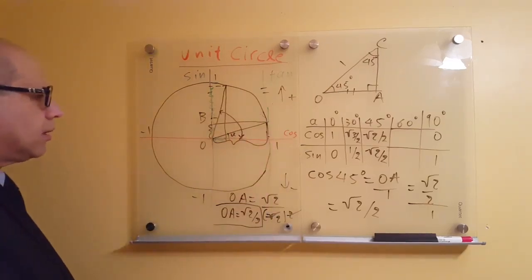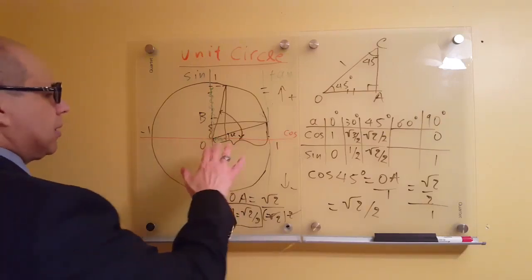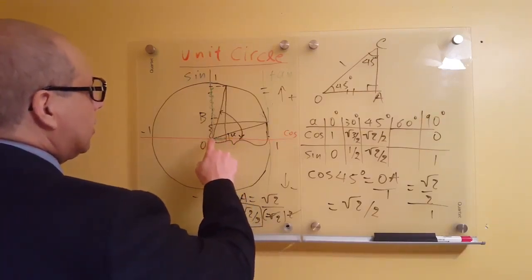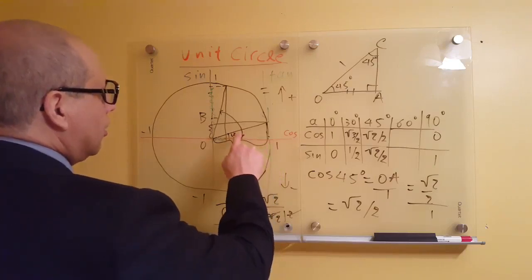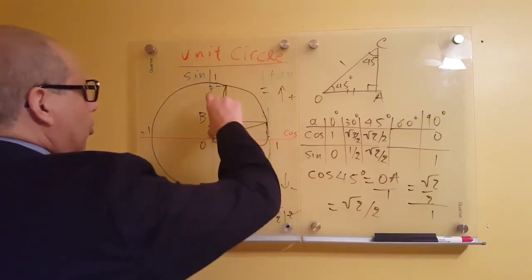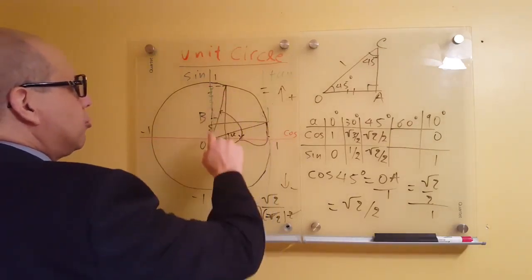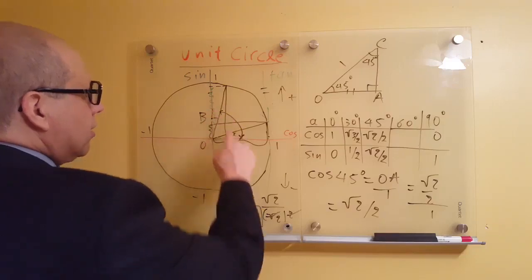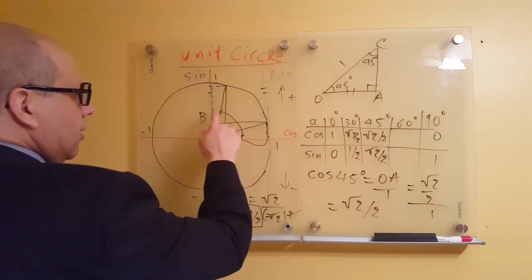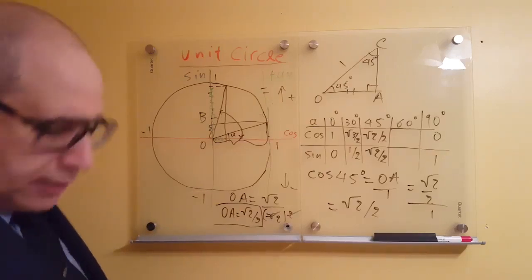If you see what happens, this here, which is the cos of the angle A, is almost the same length as this here, which is the sine of this angle here.